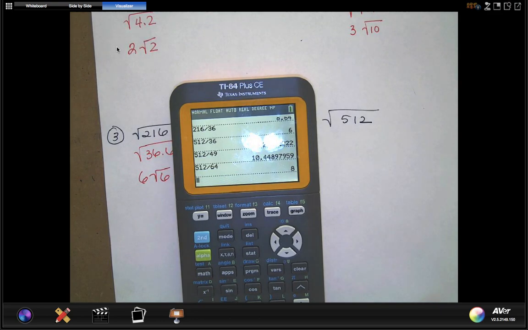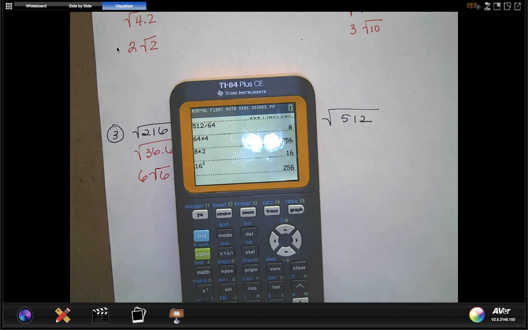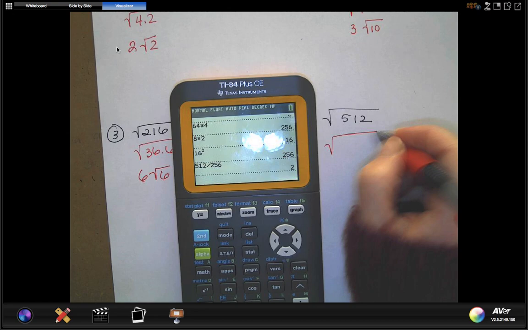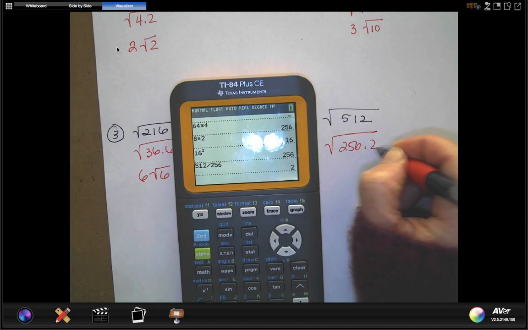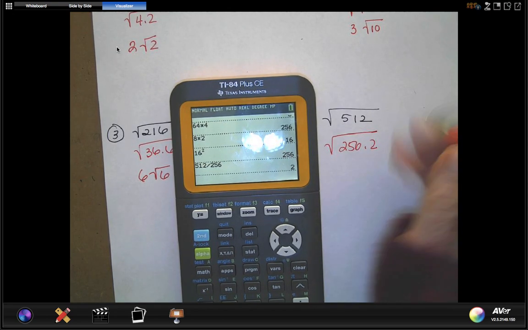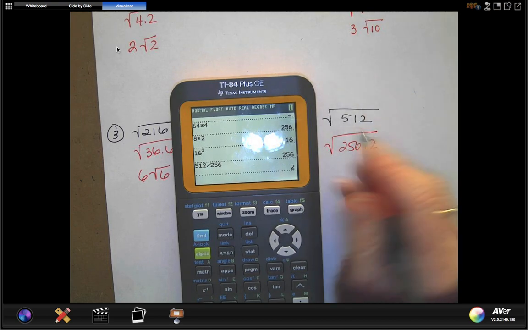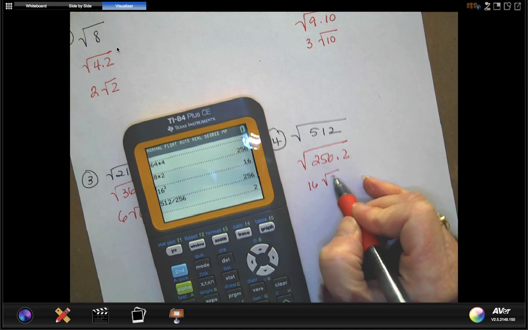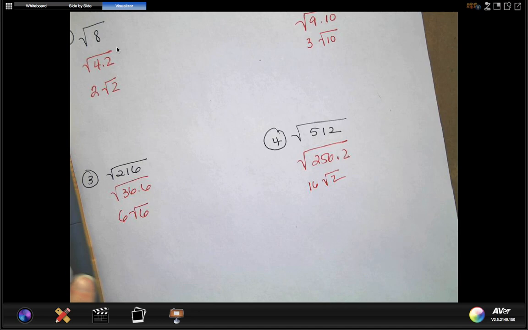So 64 times 4 is 256. That's 16 squared. So 512 is 256 times 2. The square root of 256 is 16, so that comes out. The square root of 2 stays under. Okay? All right, now to the other side.